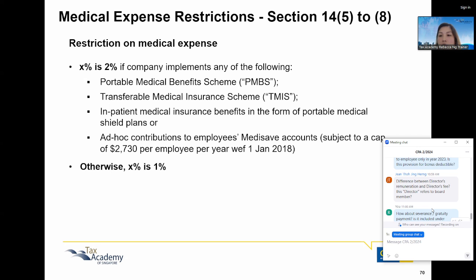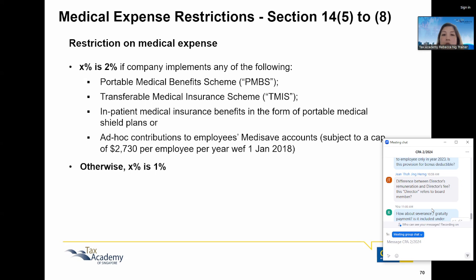Severance or gratuity payment, is it included under remuneration when computing the medical expenses? Generally, it is not. We have to determine whether the severance or gratuity payment is part and parcel of the employee's remuneration package.